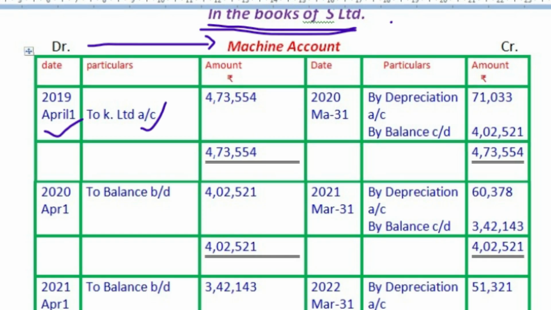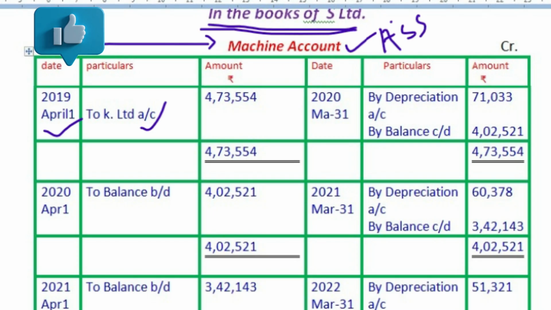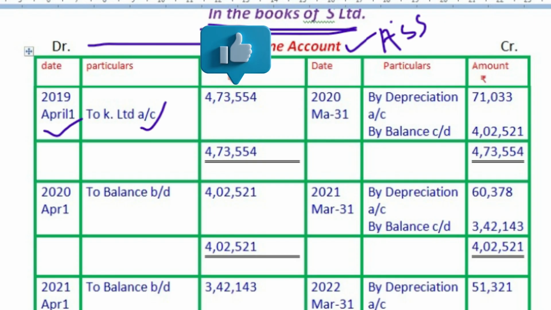For the hire purchaser, the machine is an asset account and he will record the depreciation of each year till the installments are paid. Installments paid were 3, so 3 years of depreciation will be recorded here.